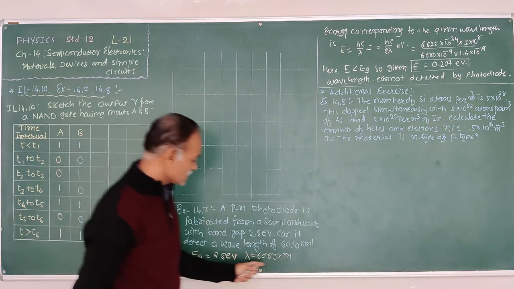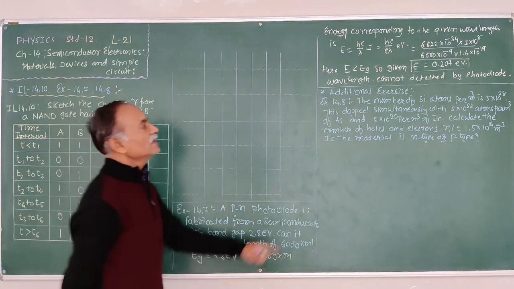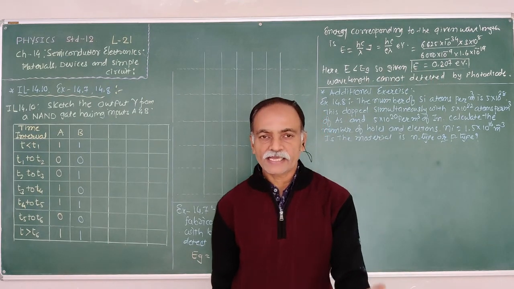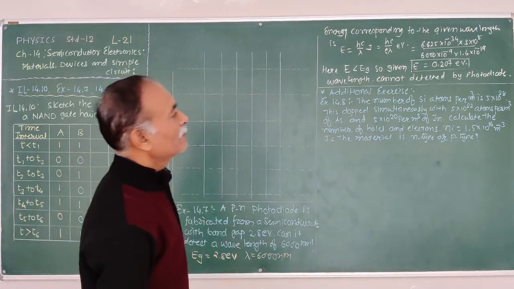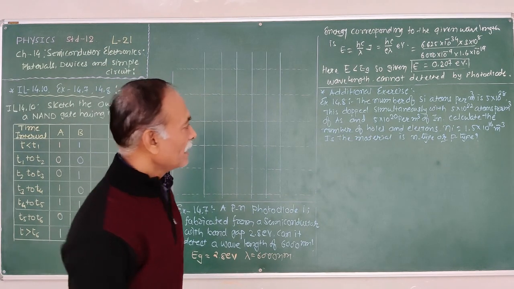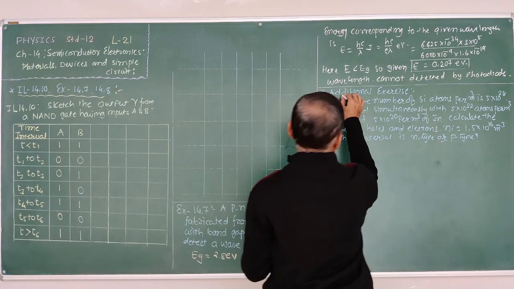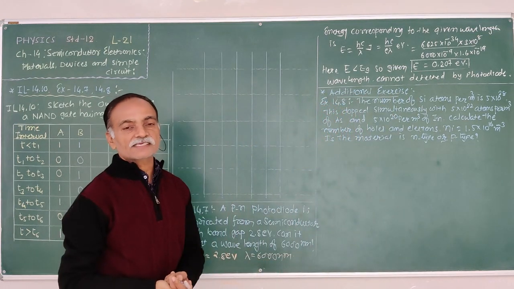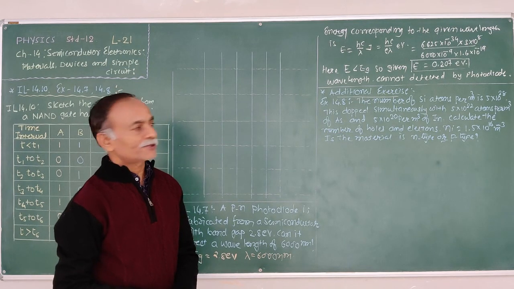But the band gap energy is given as 2.8 electron volt, so E is much less than Eg. So the given wavelength cannot be detected by a photodiode. Clear this? Okay.